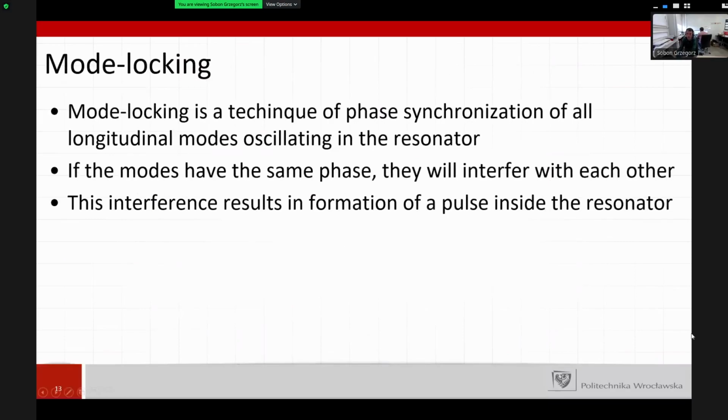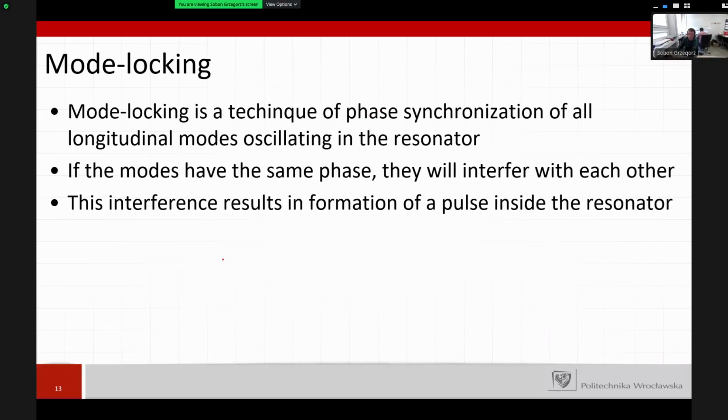So when we speak about modes, I will now switch to the main topic of today's lecture, the pulsed lasers. One technique of making a pulsed laser is called mode locking. It's a technique where we synchronize the phases of the longitudinal modes that are oscillating in the resonator.